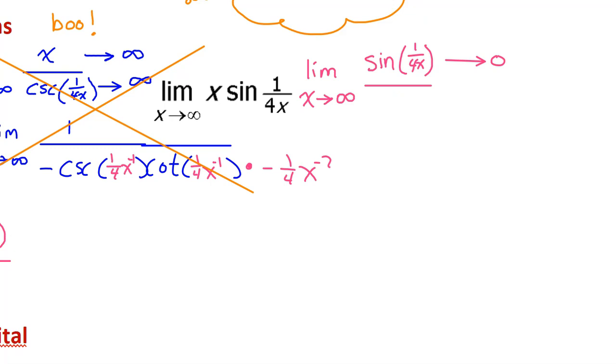So I'm going to just do a little rewrite to make this more obvious. As x approaches infinity, this fraction is approaching 0. We have 1 over something that's getting bigger and bigger and bigger, so the fraction itself is getting smaller and smaller and smaller, closer and closer to 0. So we do have that arrow 0 situation.